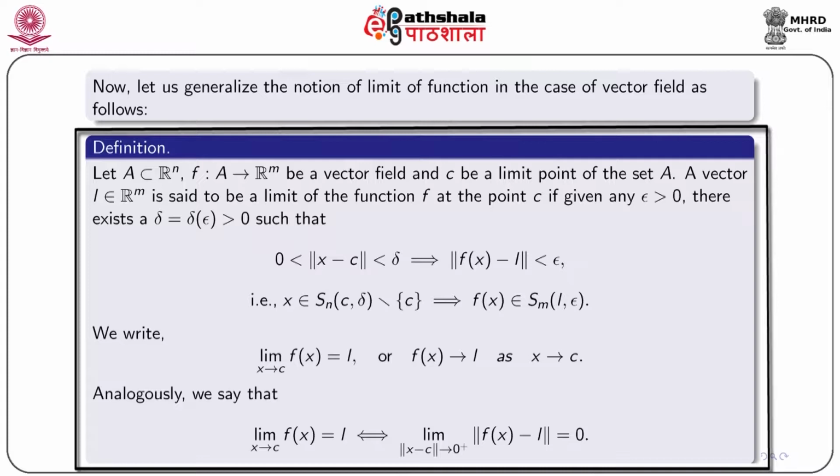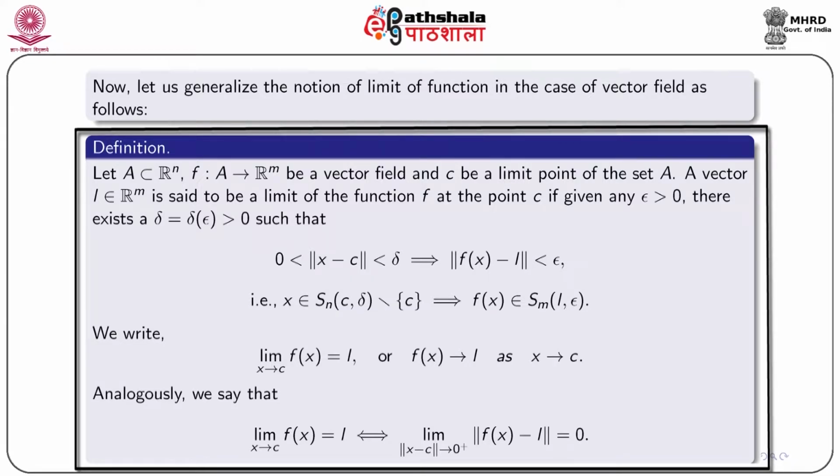That is, whenever x lies in the open sphere with center c and radius delta and punctured at the center, then f(x) must lie in the open sphere with center L and radius epsilon.